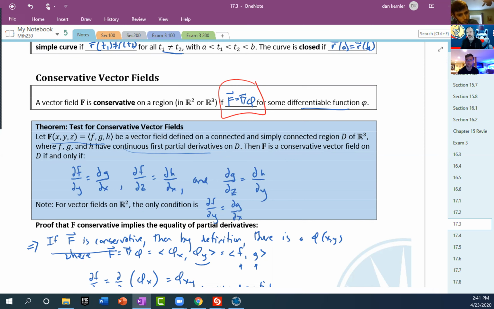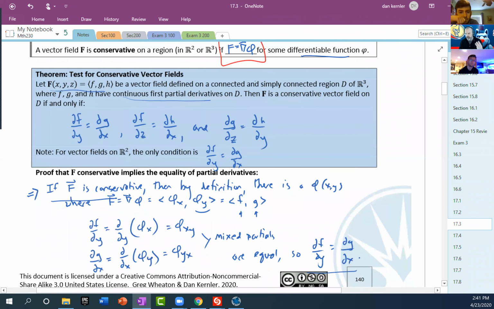And then the test for it is basically cross partial derivatives. If you have a 3D one, there are 3 different equalities you check. Is the partial derivative of f with respect to y equal to the partial derivative of g with respect to x? You see how they're cross? And then f with respect to z, and h with respect to x, because h is the z one.